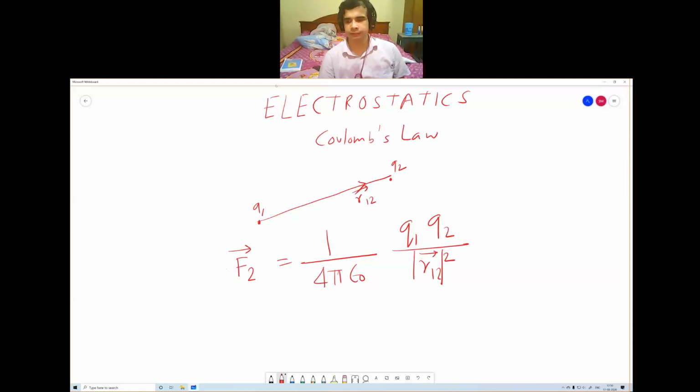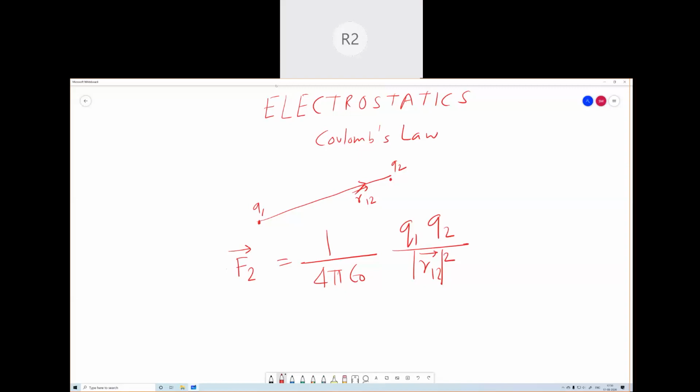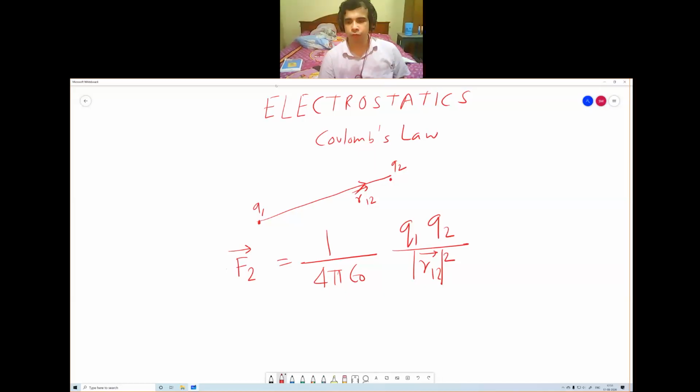What is LHS in the equation? Vector F2. And what is the right hand side? What is F2 by the way? This you have learned in school for sure. Force applied on Q2.